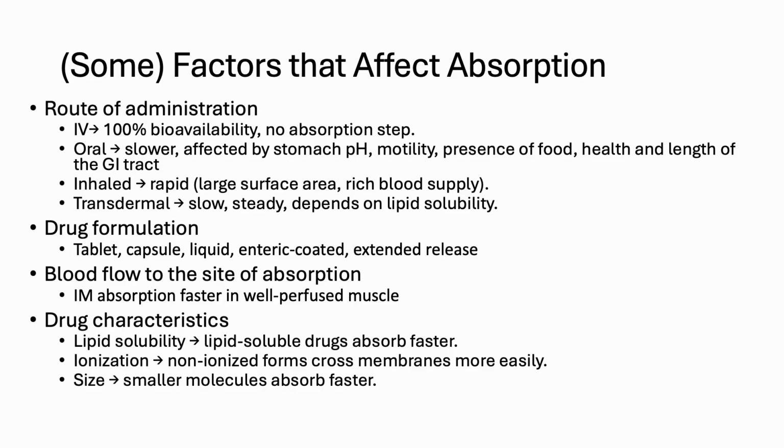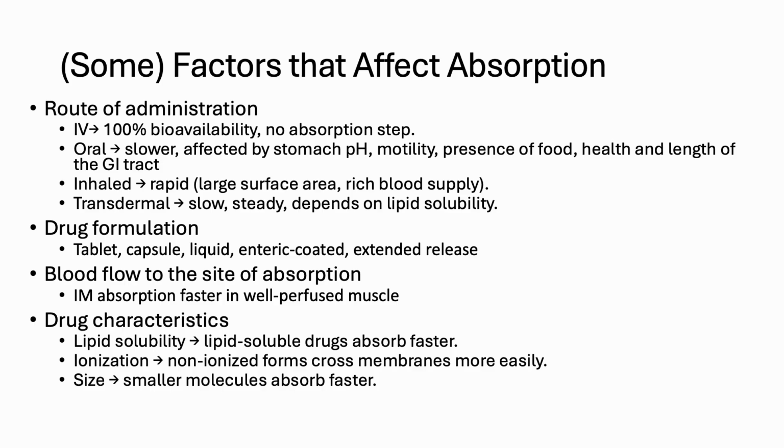Health and length of the GI tract. People that have inflammatory illnesses like Crohn's disease, for example, can have an inflamed GI tract, including inflamed areas of the stomach and the small intestine. Inflamed areas don't absorb medications or even nutrients like healthy, non-inflamed tissue does.